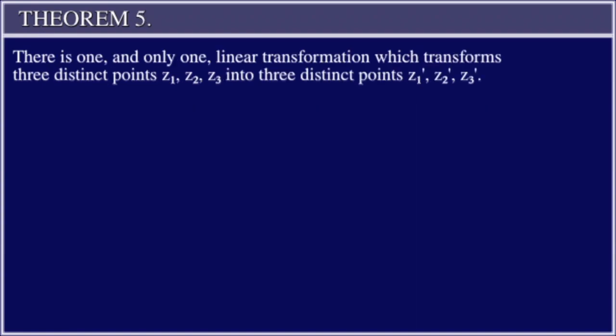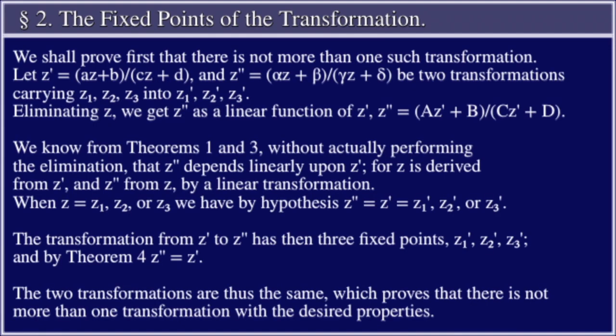Theorem 5. There is one and only one linear transformation which transforms three distinct points z1, z2, z3 into three distinct points z1′, z2′, z3′. We shall prove first that there is not more than one such transformation.